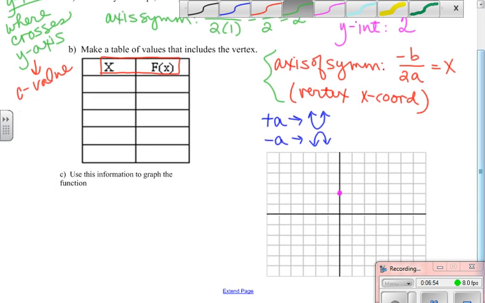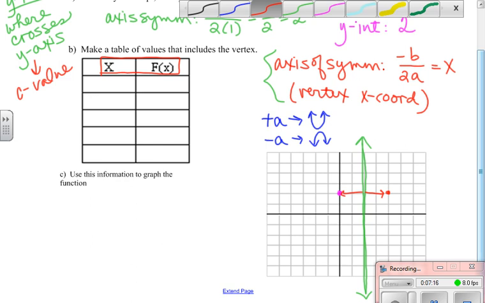So what that is saying is that somewhere on this line right here is my vertex, and all of my points are going to be equally distributed. So if I'm being a little sneaky, if this one is 2 away, there's going to be a point 2 away here. And we can check that.